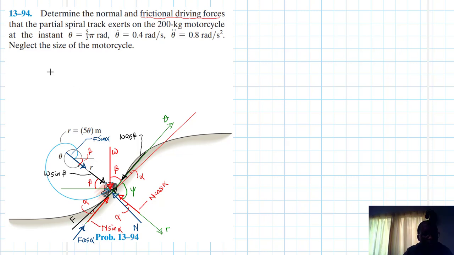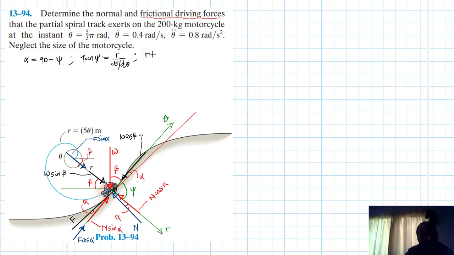So now let's define what these are. We are saying alpha is equal to 90 degrees minus psi. Let's define what psi is. We know that tan psi is just equal to r divided by the r, the theta, right?